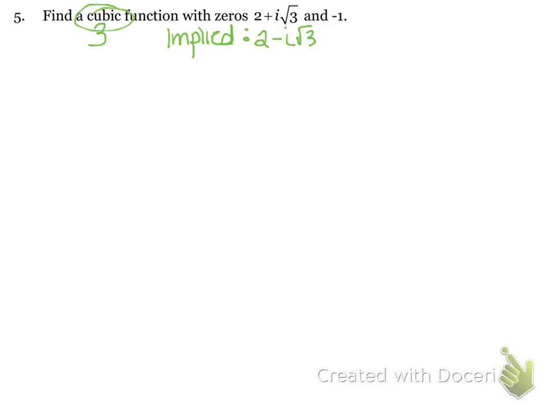Okay, let's write it in factored form. We'll call this function j. So we have x minus 2 plus i root 3, and then x minus 2 minus i root 3 times x plus 1.